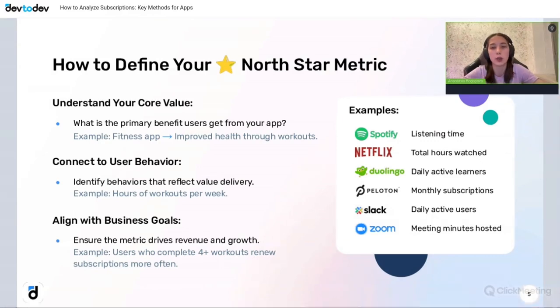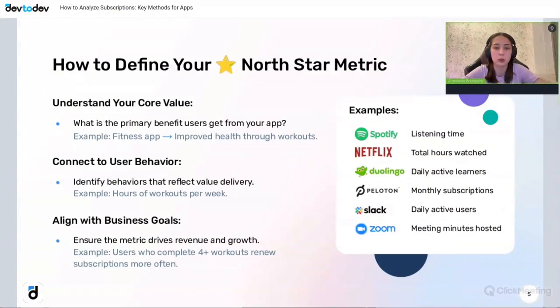Let's break down the process of how to define this North Star metric for your app. The first step is focusing on your app's primary goal. For example, a fitness app might track hours of workouts completed per week, while a language learning app might focus on daily active learners.